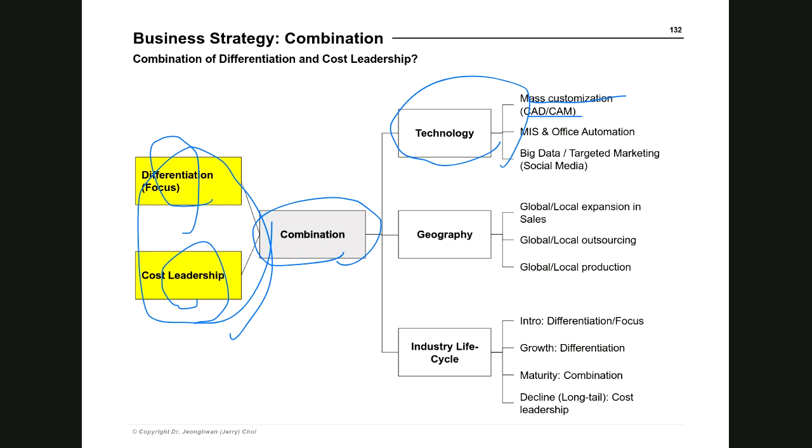For example, do you know Adidas? Adidas, the German brand.